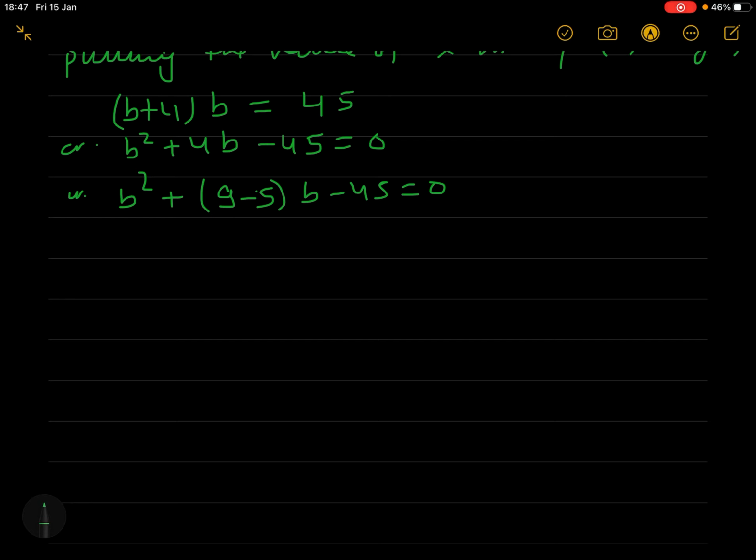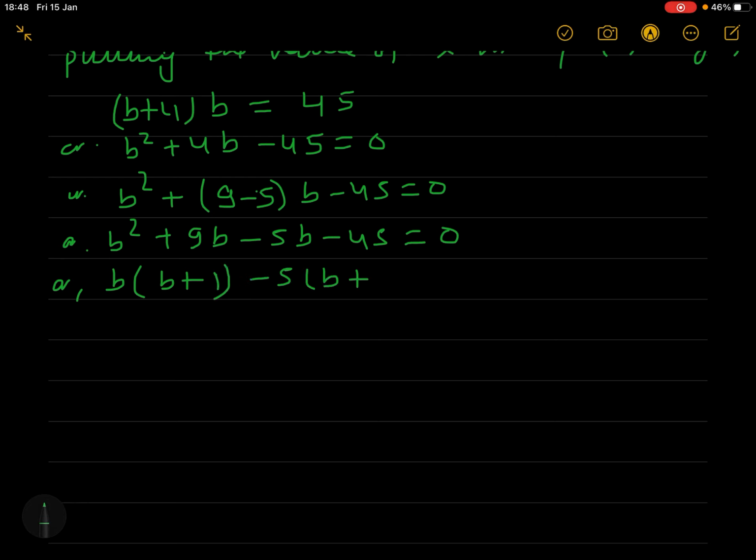So 4 can be broken into 9 minus 5. B square plus 9B minus 5B minus 45 is equal to 0. So we can take B common, B plus 9, and another minus 5 common, so again B plus 9 will come. Is equal to 0.